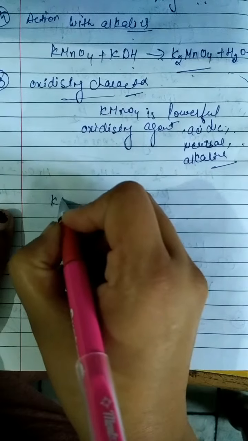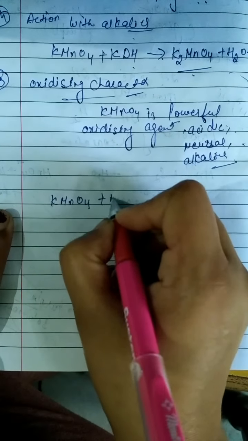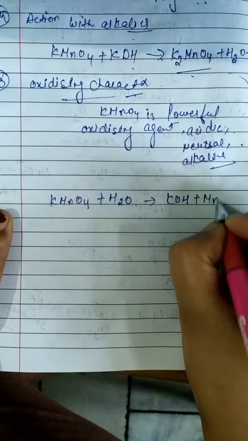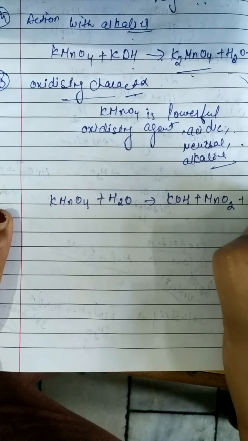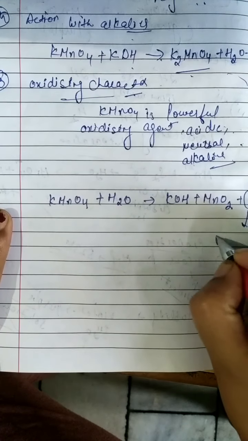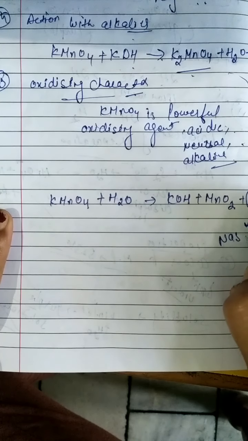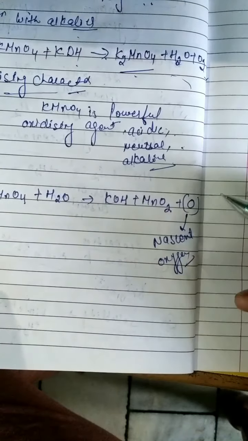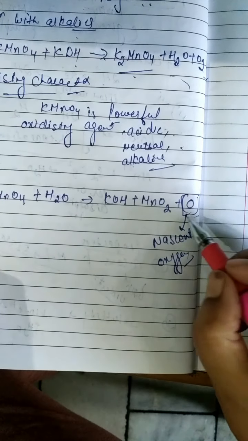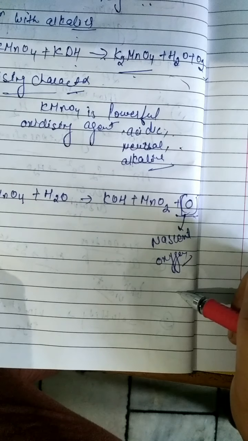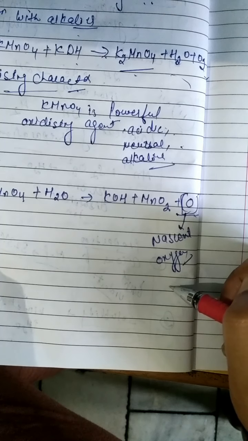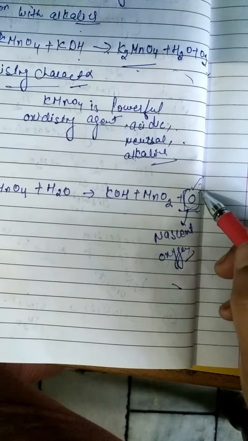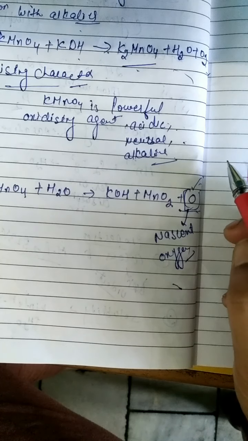Now, KMnO4 reacts with water and forms potassium hydroxide plus MnO2 plus O. In this we get nascent oxygen, and that is why it behaves like a strong oxidizing agent, because it provides oxygen to alkaline, neutral and acidic solutions.